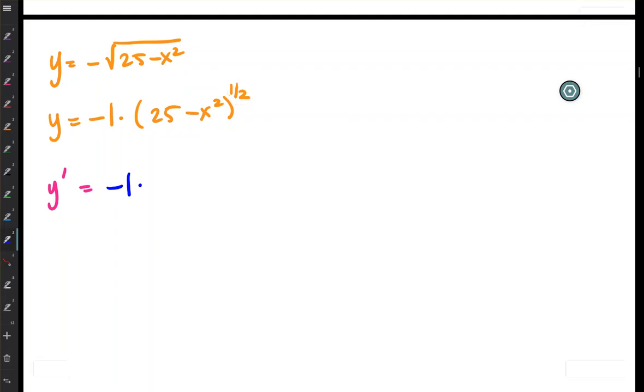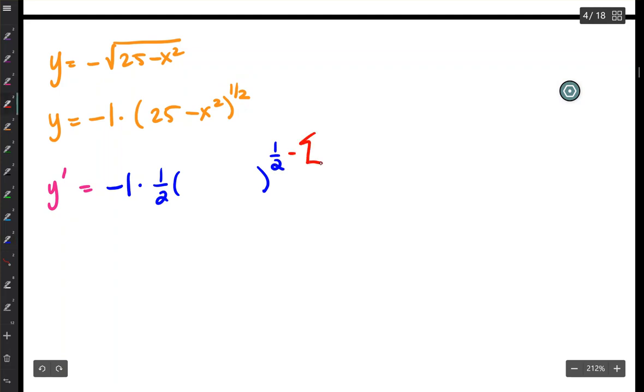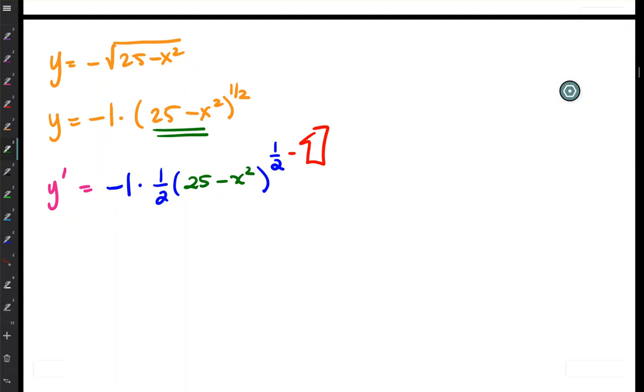The derivative of my outside function is just power rule, 1/2 stuff to the 1/2 minus 1 power, and that stuff is 25 minus x squared. Now, chain rule, I multiply by the derivative of the inside function. The derivative of 25 is 0, minus the derivative of x squared, which is minus 2x.